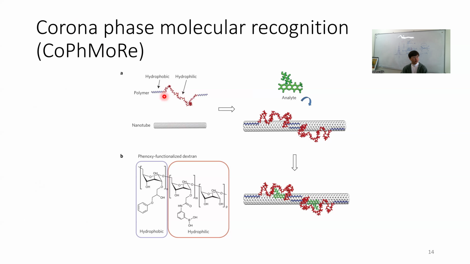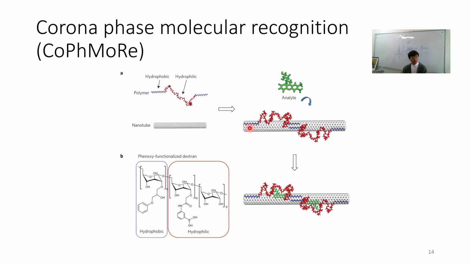For example, there are nanotubes and polymers, where the blue region is more hydrophobic, which means that it does not like water. Hydrophilic is described by the red colors. The surface of the nanotube is hydrophobic because it is just carbon sp2, so it does not have any dipoles.